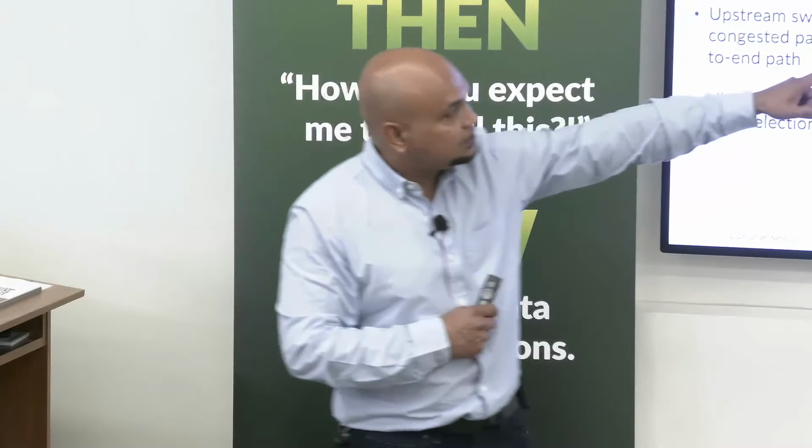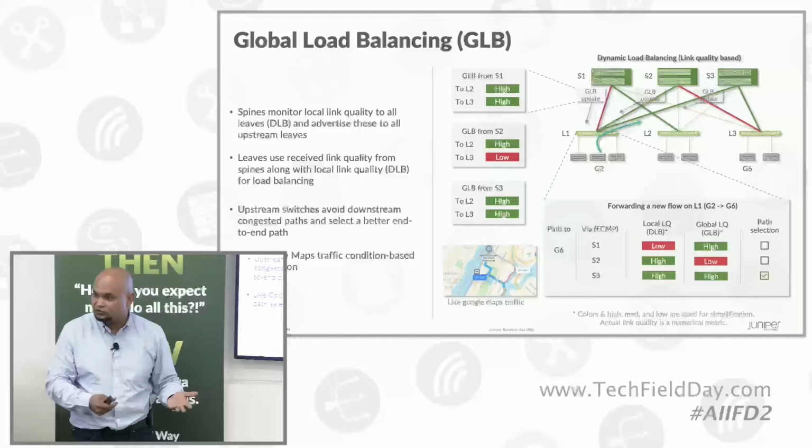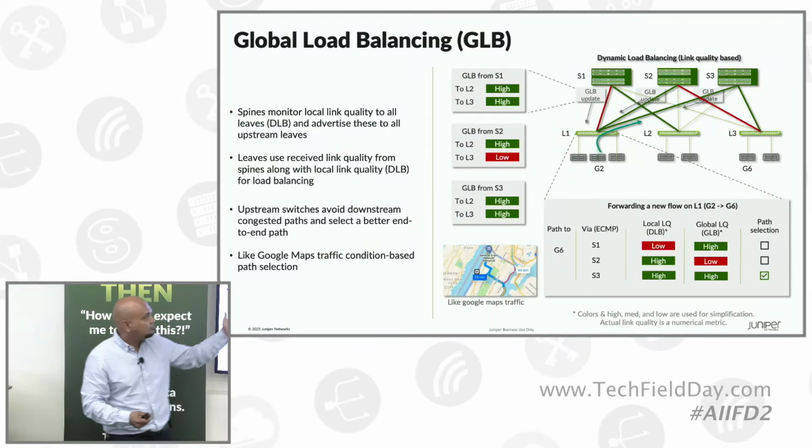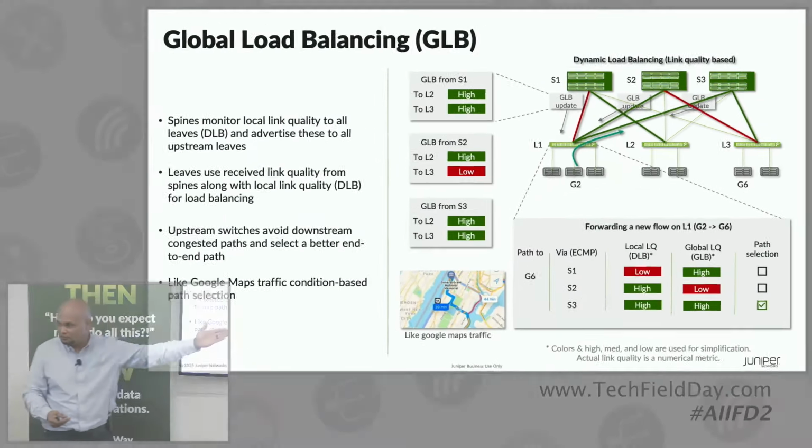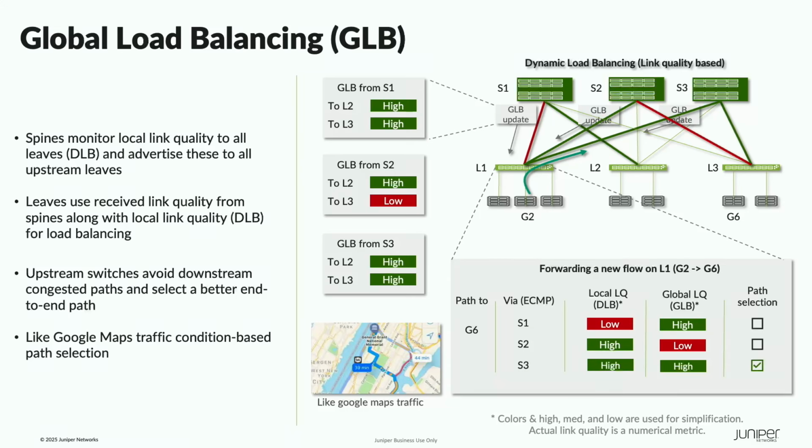So now these leaves are armed with that information. In the example that you brought up, let's say GPU 2 is going to talk to GPU 6. The leaf first refers to its local link quality and says, okay, one of the links to spine 1 already has a lot of traffic going there, I will avoid that. But I have two paths now, to spine 2 and spine 3. If it was only DLB, it would have picked one of them.